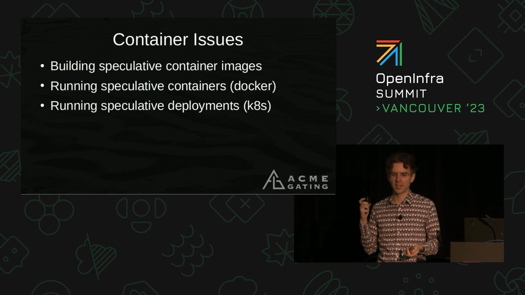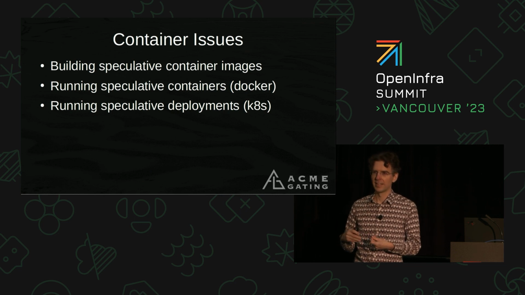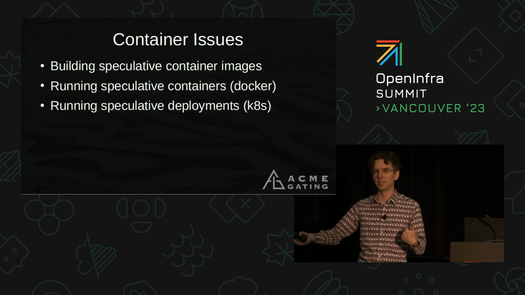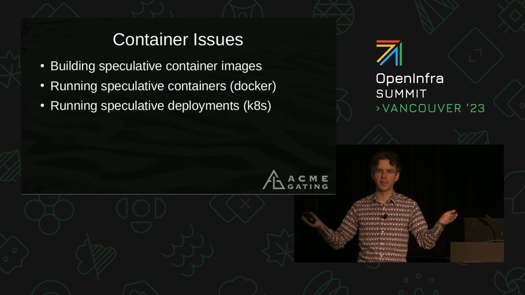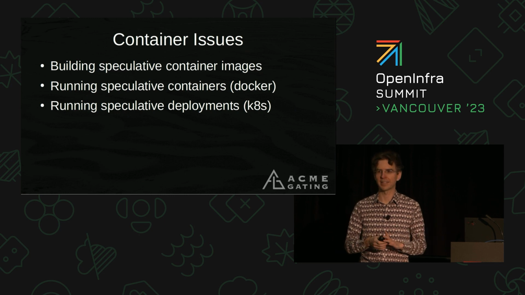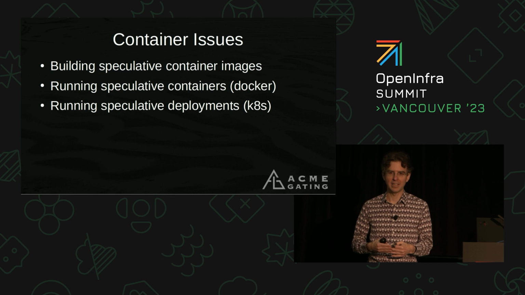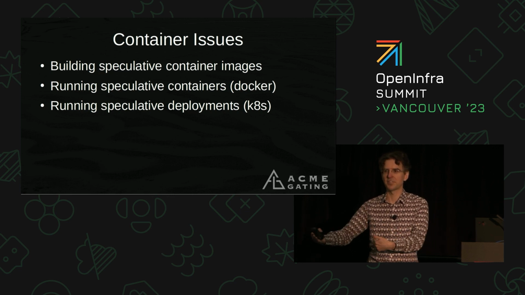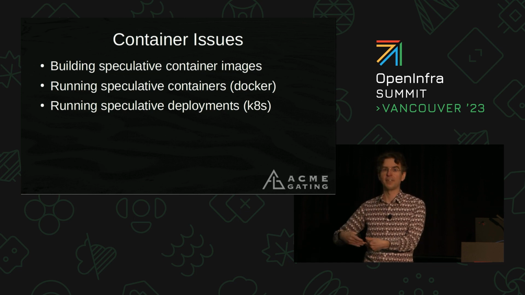So there's a few problems here. One is building speculative container images. Even the act of doing a Docker build on a container image in Zuul's idea of a speculative environment can be complicated, because your container image, say Grafana, might depend on another container image in the same system, like a lower level layer, and that container image itself might have its own pending changes.